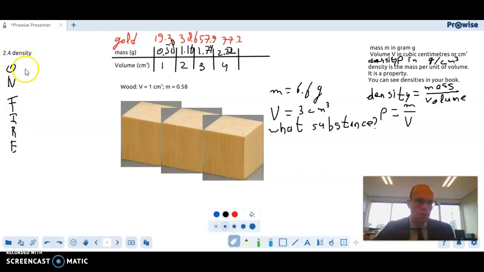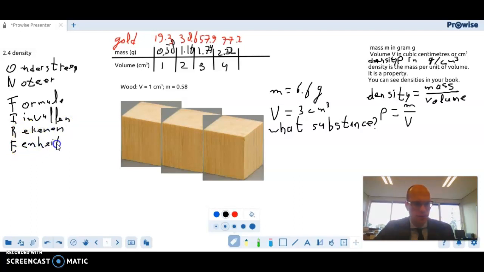Then we underline, it's Dutch onderstreep, or highlight, noteer, what is what, formule or formula, invullen, or rekenen, eenheid. Okay, so what is what?